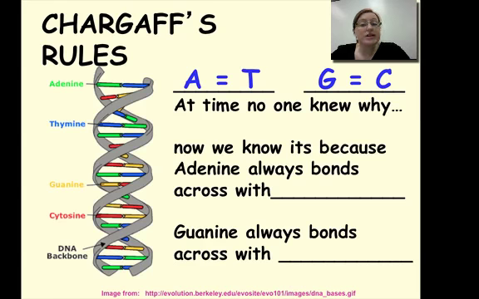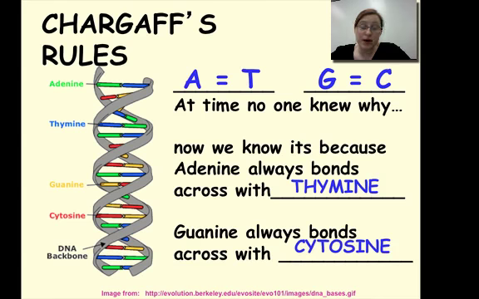And now we know that it's not that adenine and thymine are equal to one another, but rather that they are going to bond together. So we always know that adenine and thymine will bond together, and guanine and cytosine will bond together. It's important to note here, I'm going to make a little note.